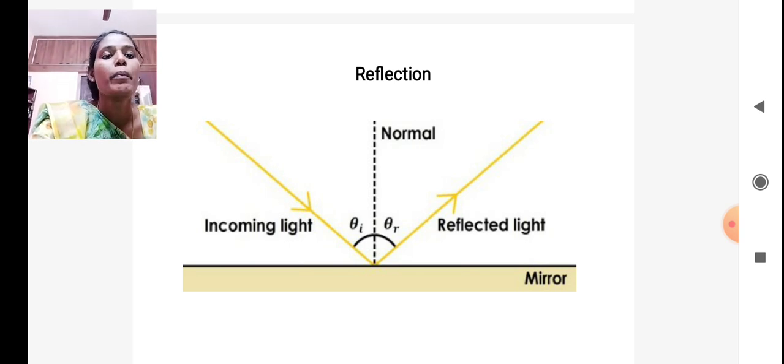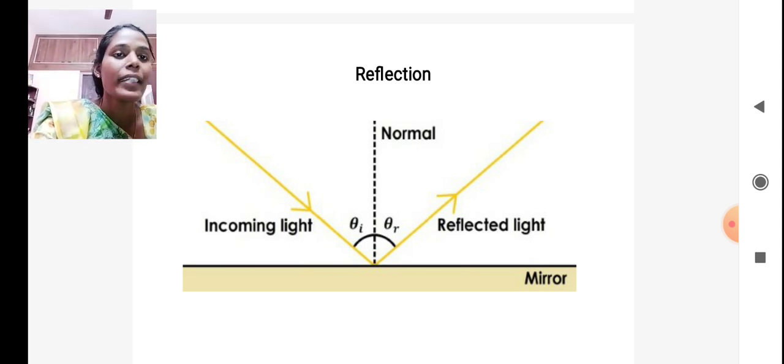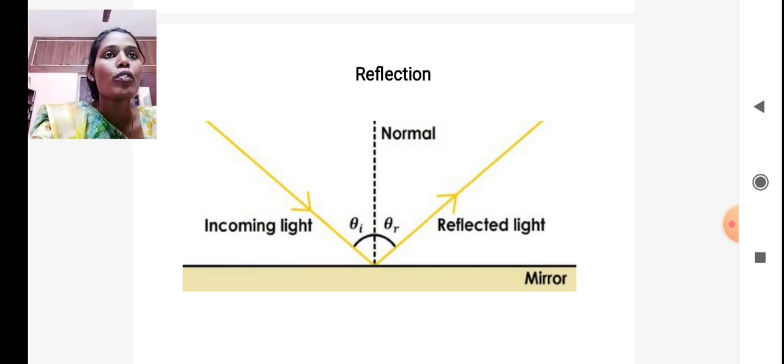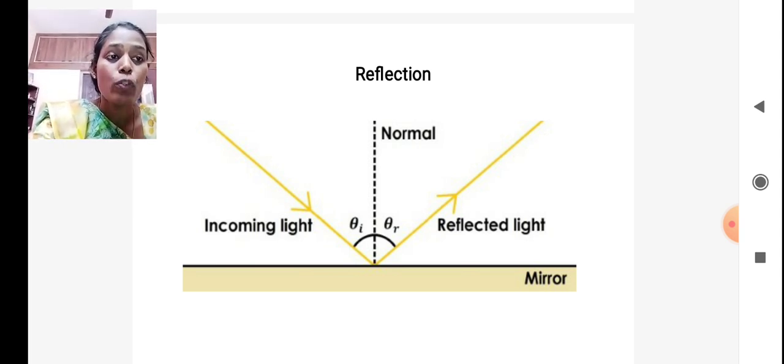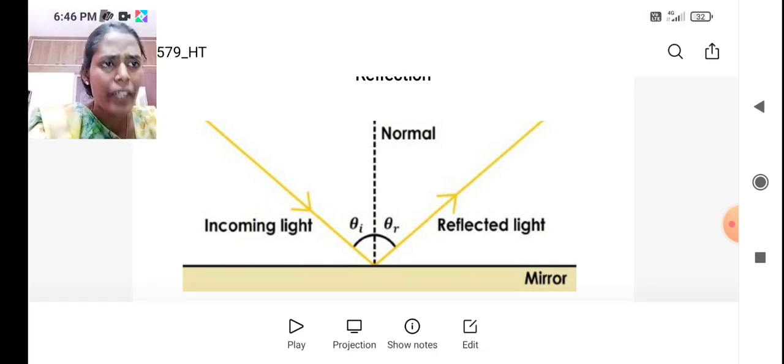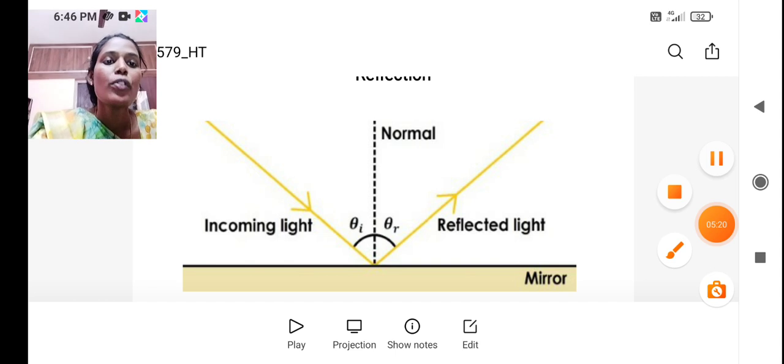This property of bouncing back of light is said to be reflection. There is a vast difference between refraction and reflection. Refraction is the bending of a light ray as light travels from one medium to another medium, whereas in reflection, the light bounces back to its original medium.